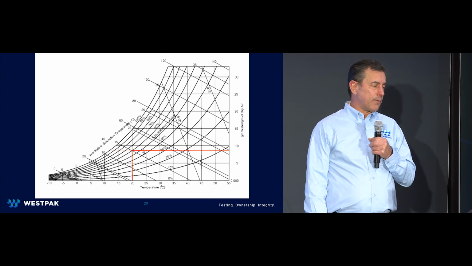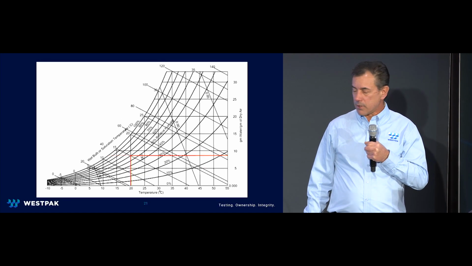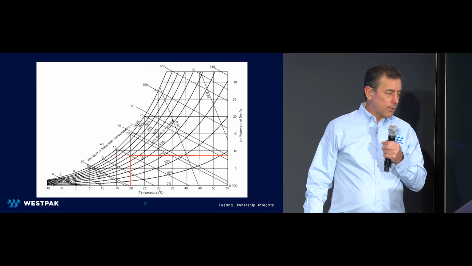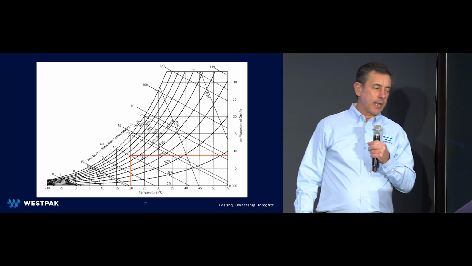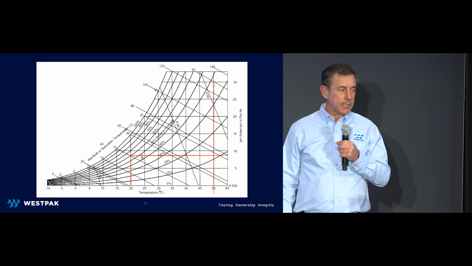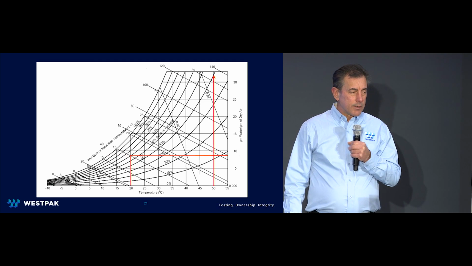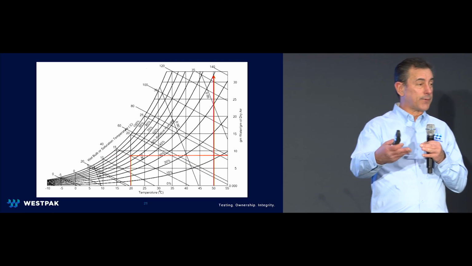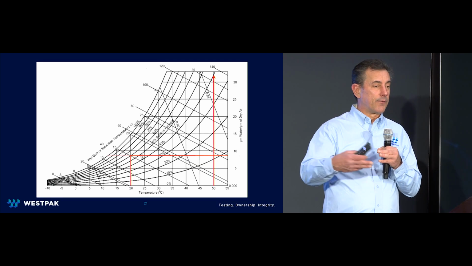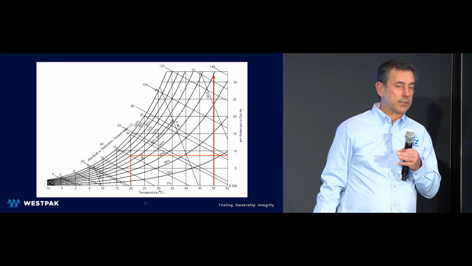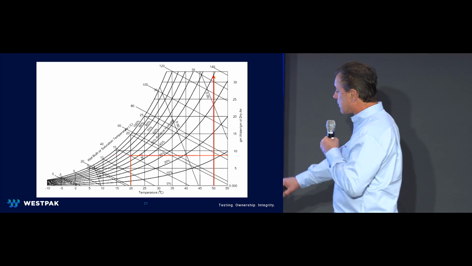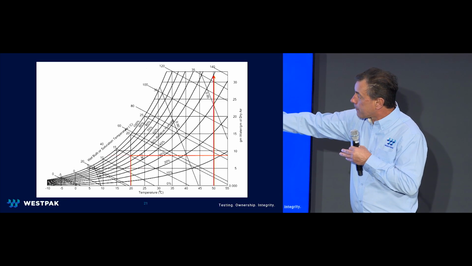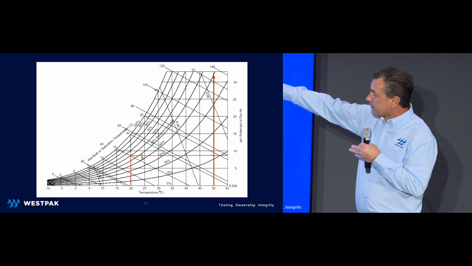So the standard wants you to choose some sort of humidity level. And for that, we're going to use this chart just to illustrate how much moisture that is. So the standard suggests 50 degrees C with 45 to 55% relative humidity. Well, if we look at this chart right here, 50 degrees C, and follow this line all the way up, we get to 40% right here.